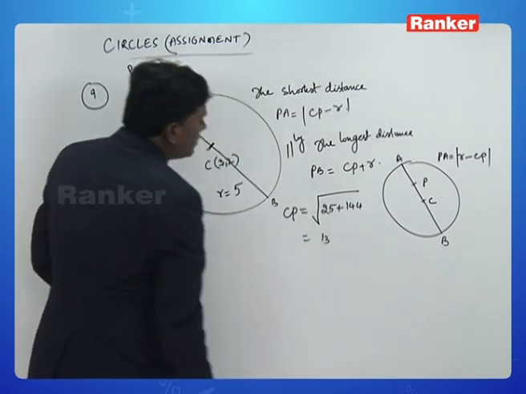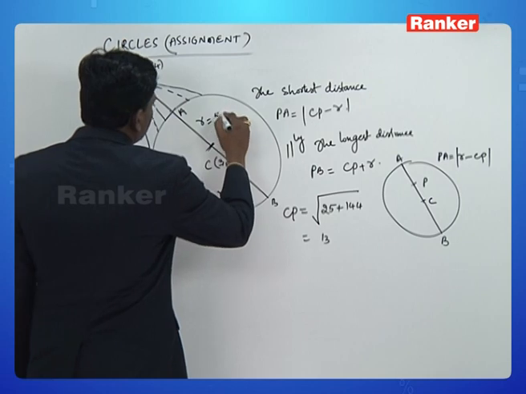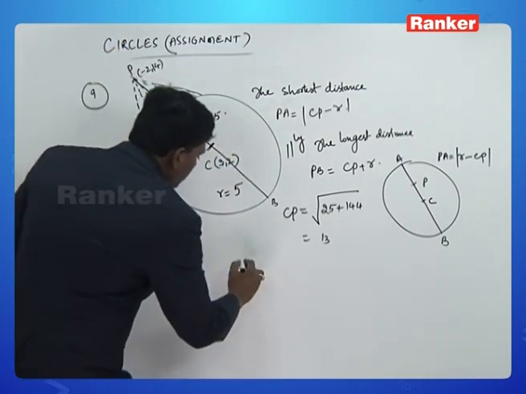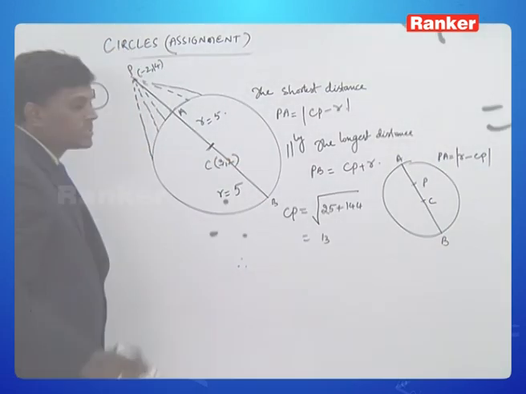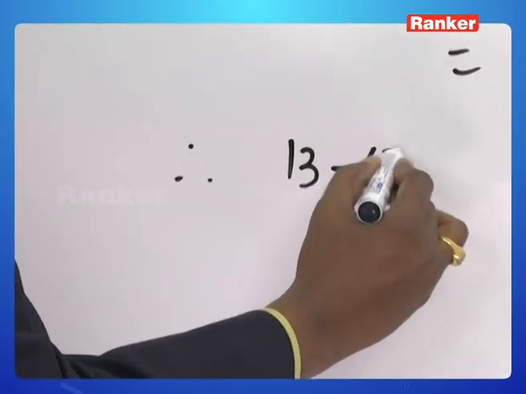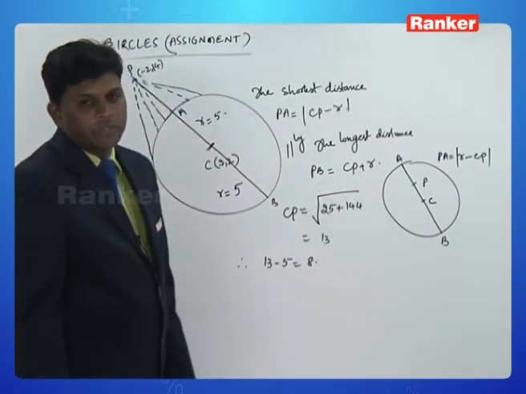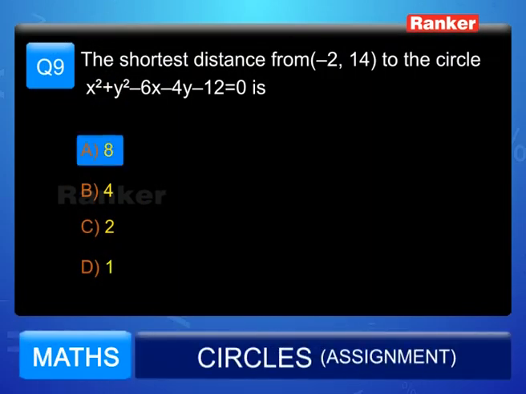Under root will be 13 units and R is given as 5 units. Therefore, the required shortest distance is 13 minus 5, equals 8 units. So according to the given options, clearly option A is the right answer.